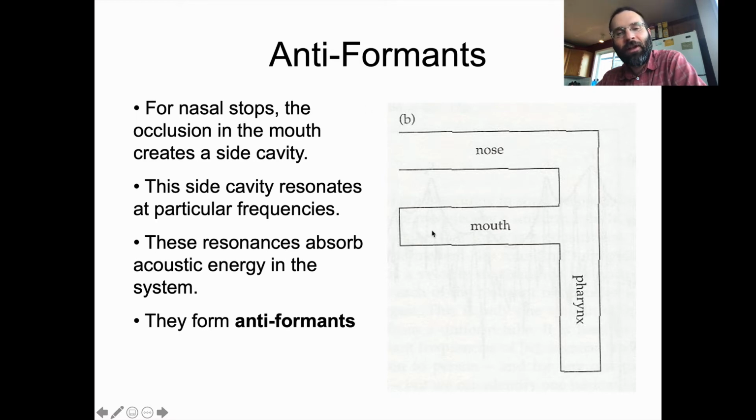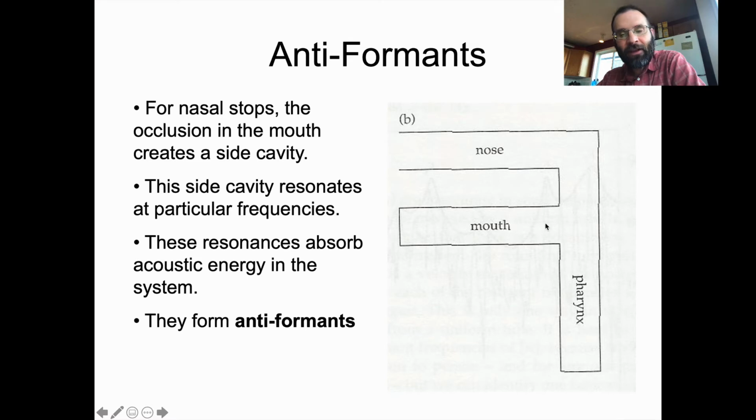Those resonant frequencies will be anti-resonances in this particular case, because the energy that would normally be reserved for this main passageway through the nose is going to get sucked into here, and the sucking out of that energy is going to get intensified by the resonance of the mouth.